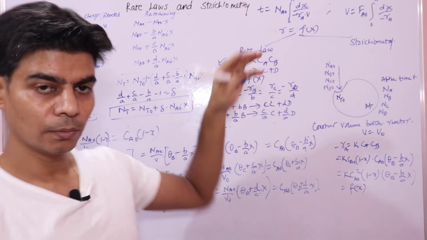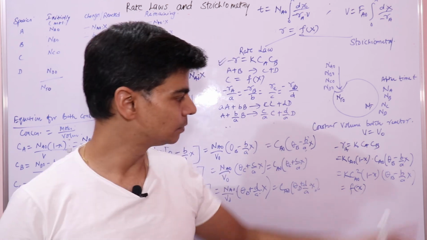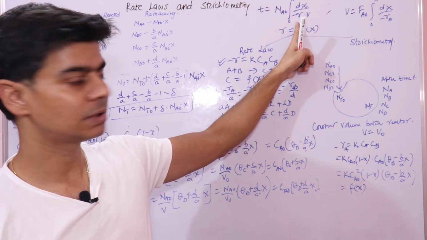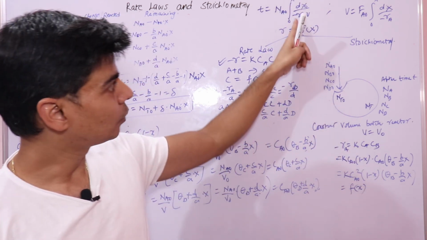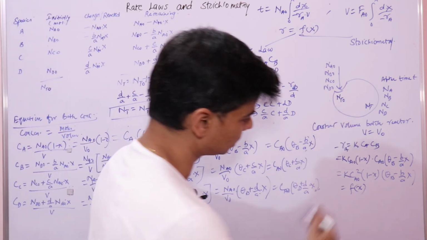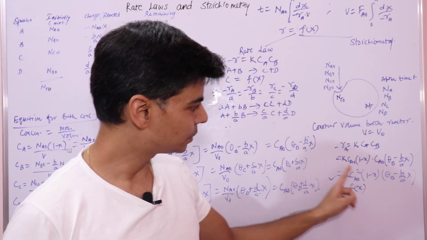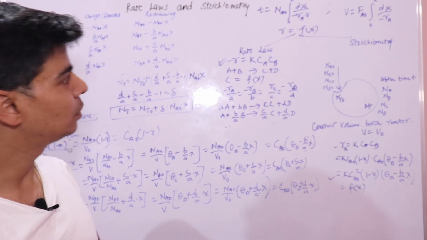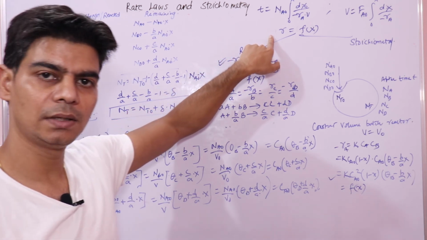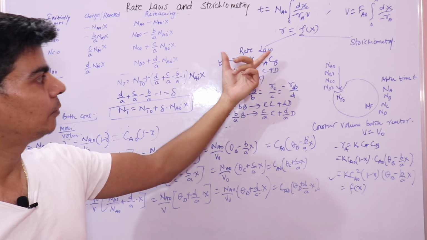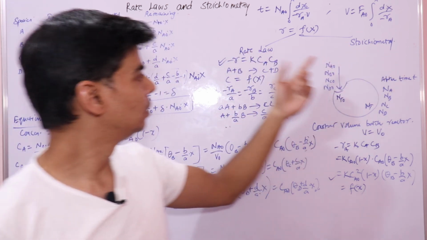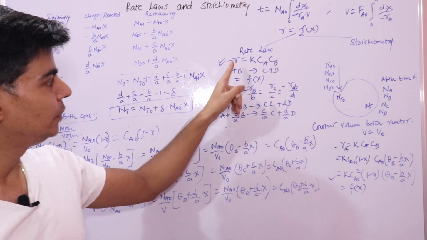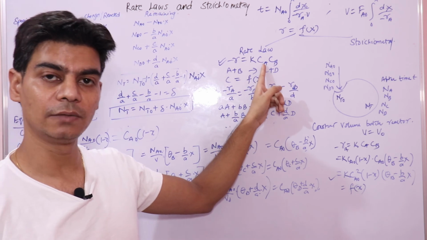Once we have the rate of reaction in terms of conversion X, we can further evaluate our design equations, where we will substitute RA in terms of this conversion X. In order to express rate of reaction in terms of conversion, we'll take help of the rate law and the stoichiometric table. Based on the rate law, we know the rate is K Ca Cb.